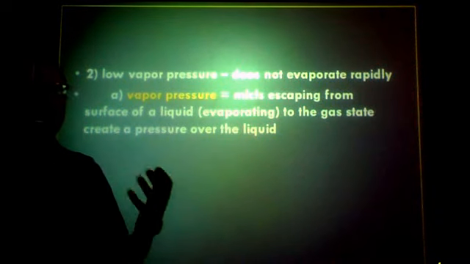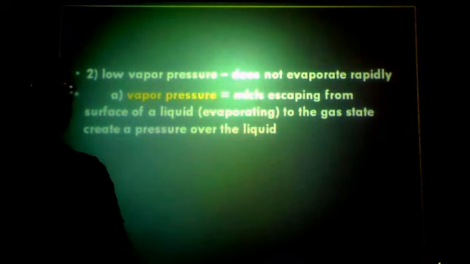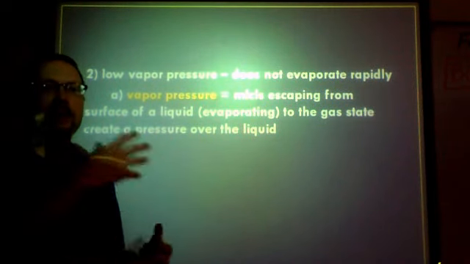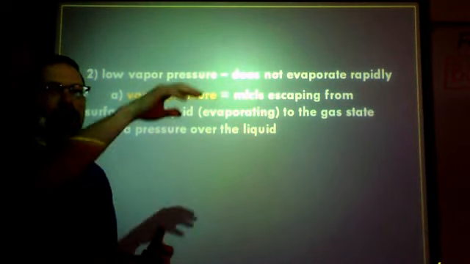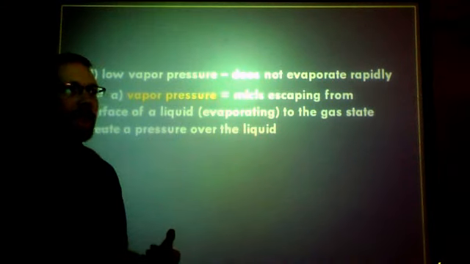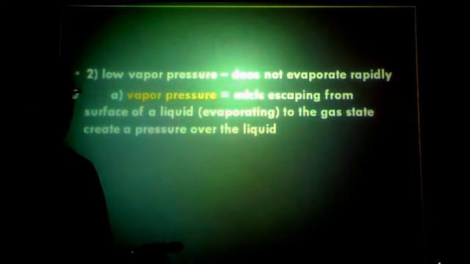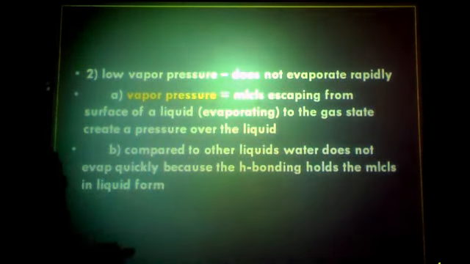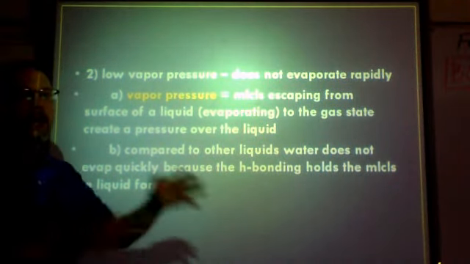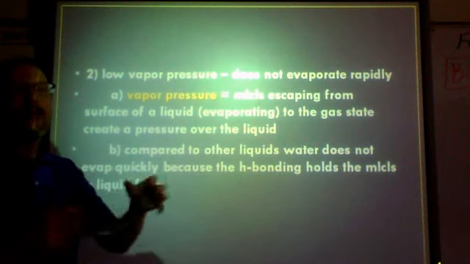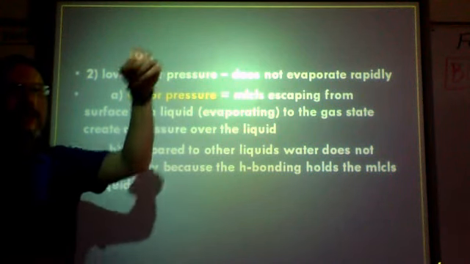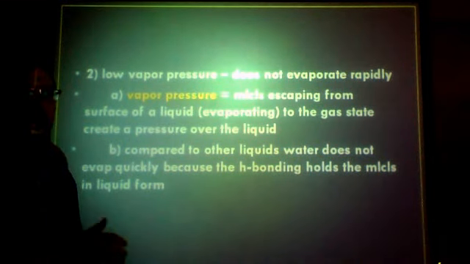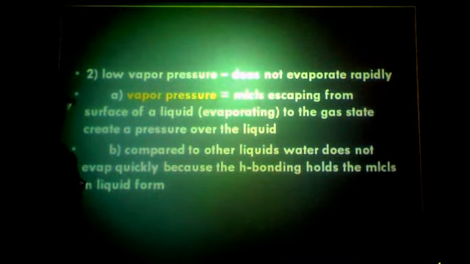Once in a while, they will collide in such a way that one particle gets tossed up into the air, and if it has enough energy, then it will just stay up there and float off and become a gas. It will become a vapor. That's evaporation. Because water has so much hydrogen bonding going on, the other water molecules that are in there prevent molecules that get knocked up in the air from escaping. They drag them back down, and therefore liquid water evaporates very, very slowly.